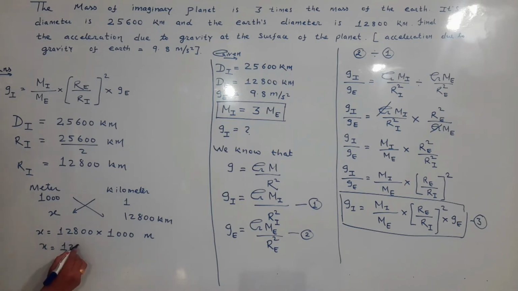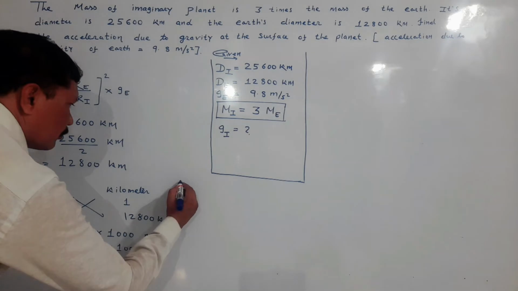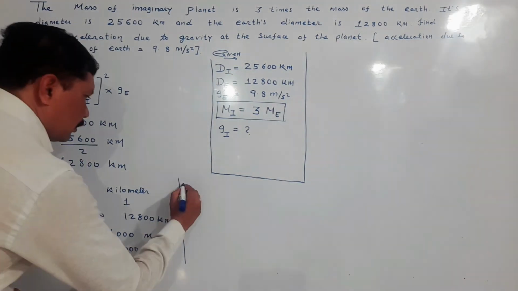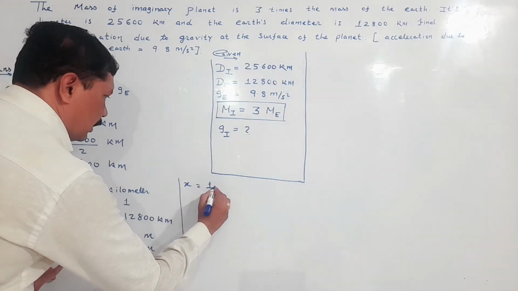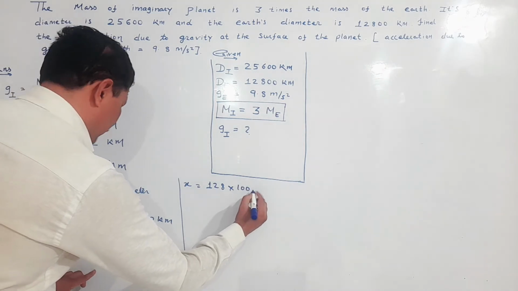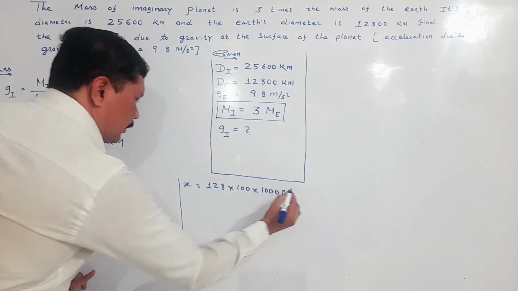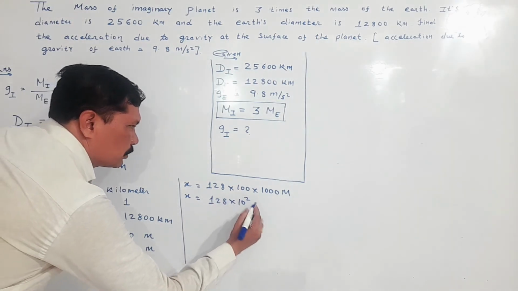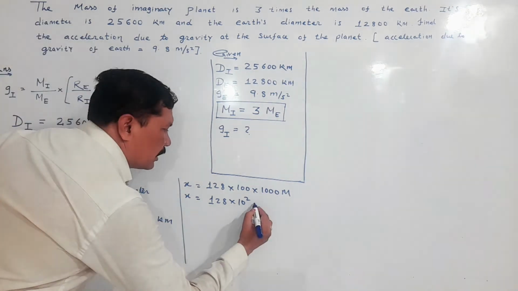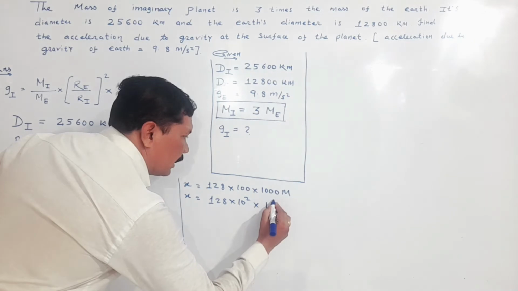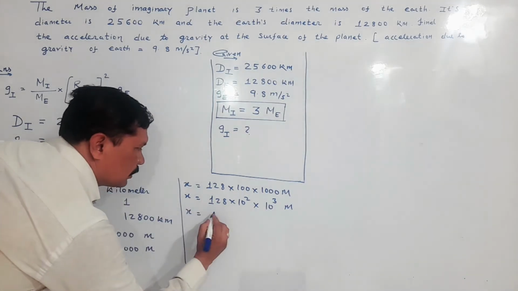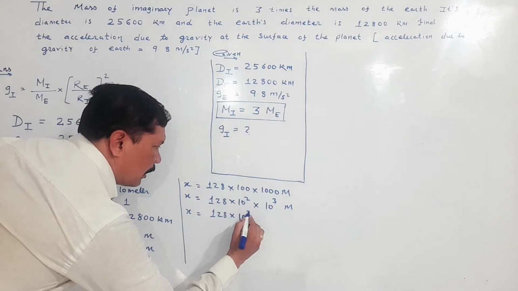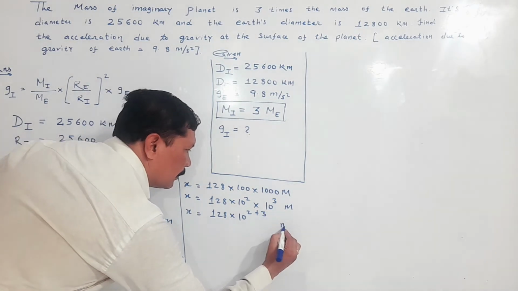X is equal to 128 into 100 into 1000 meter. 100 is 10 square and 1000 is 10 cube, so we can write x is equal to 128 into 10 to the power 2 plus 3 meter.